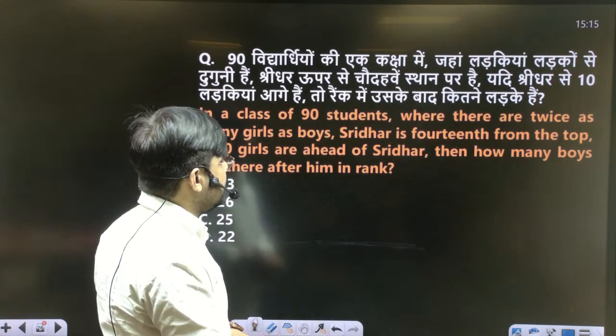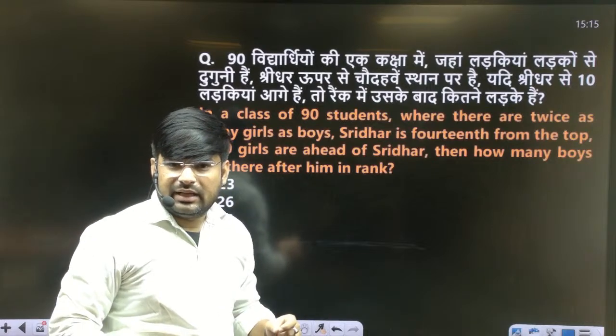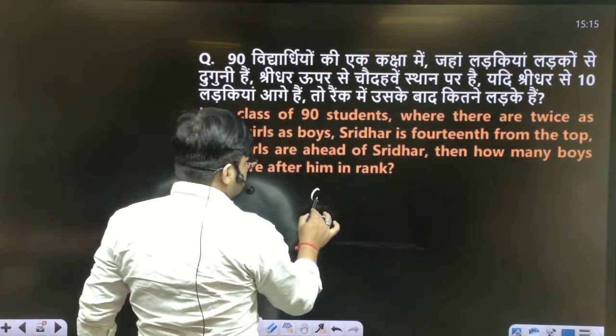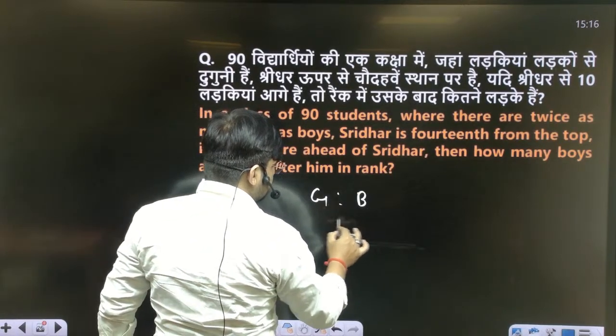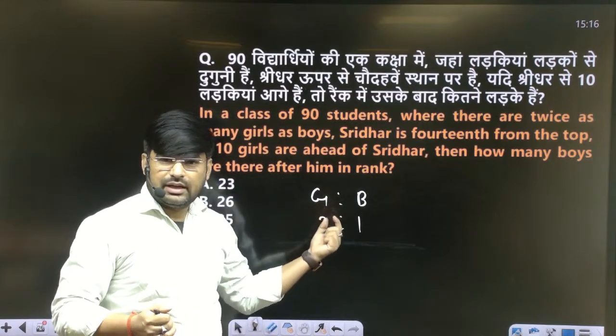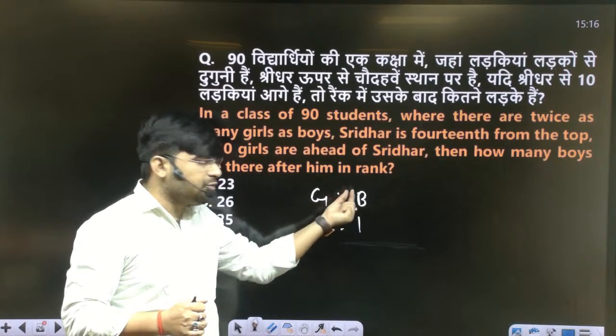In a class of 90 students where there are twice as many girls as boys, girls are twice as many as boys. So the ratio between girls and boys is 2:1. Girls is 2 and boys is 1.